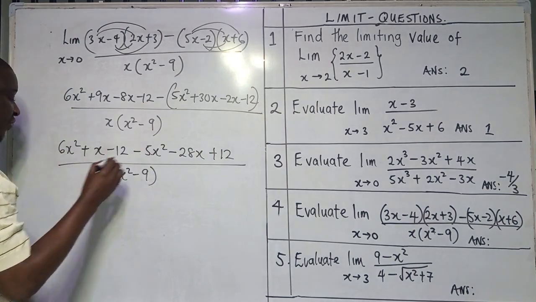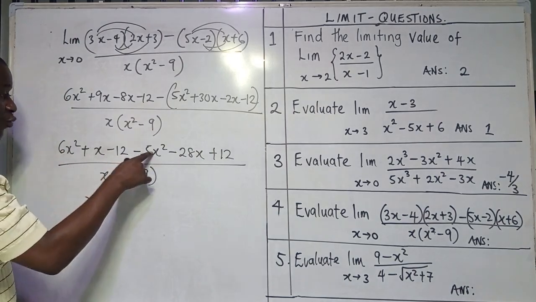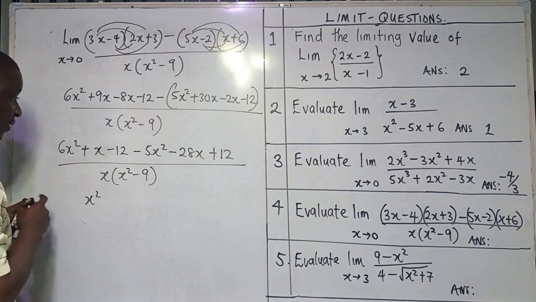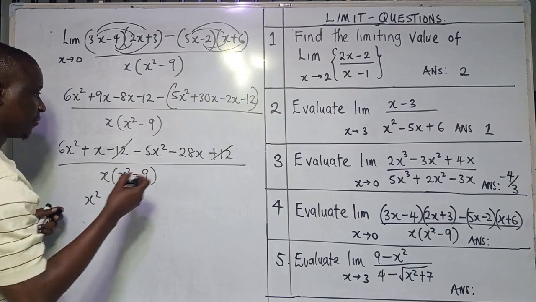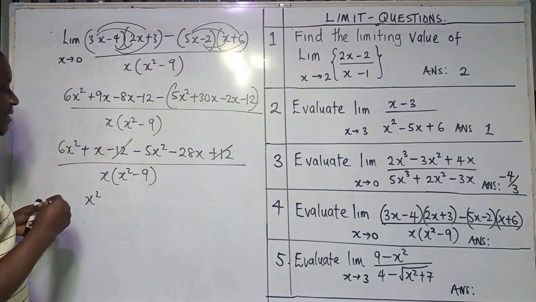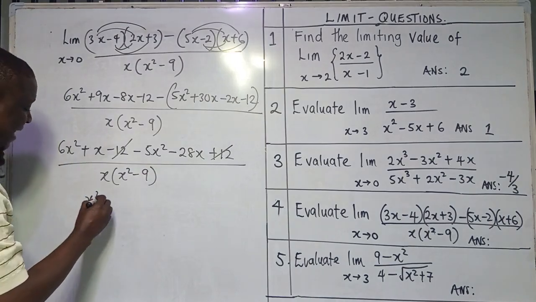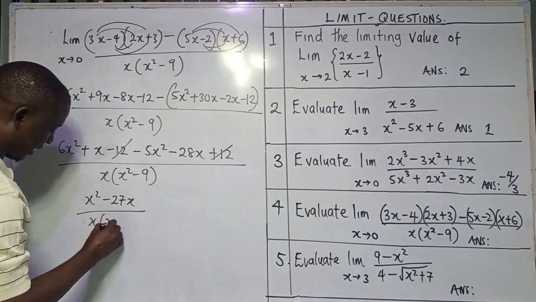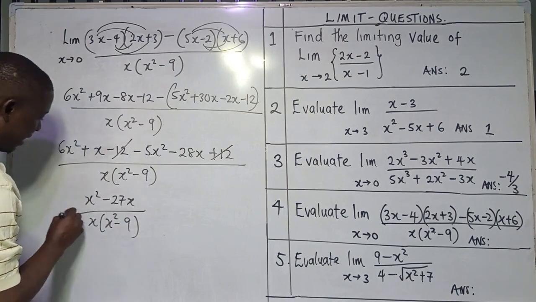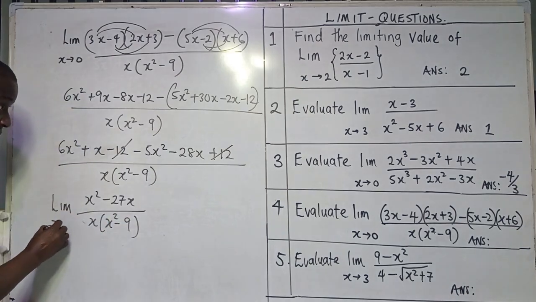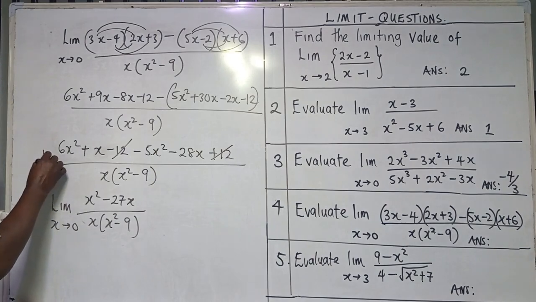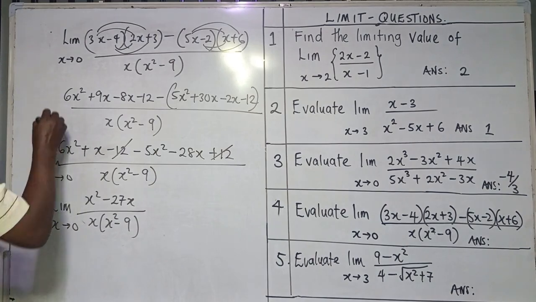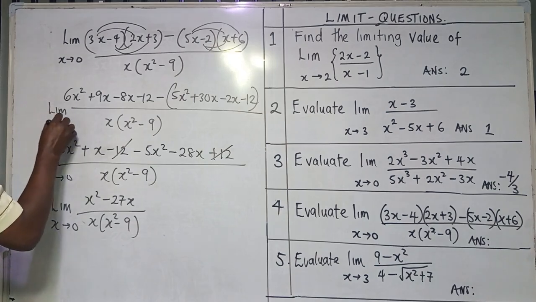Now 6x squared minus 5x squared gives us x squared, which eliminates this. Then x minus 28x gives us minus 27x, all divided by x into bracket x squared minus 9, as the limit as s tends to 0. Don't forget, all limit ends, this one also as s tends to 0.